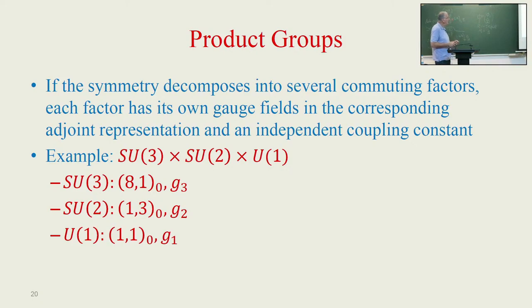Again, it allows you a covariant derivative, where there is a single parameter related to that, let's call it G3. For the SU(2), you must introduce a singlet of SU(3), a triplet, again the adjoint of SU(2), of charge 0, with another free parameter in it, G2.